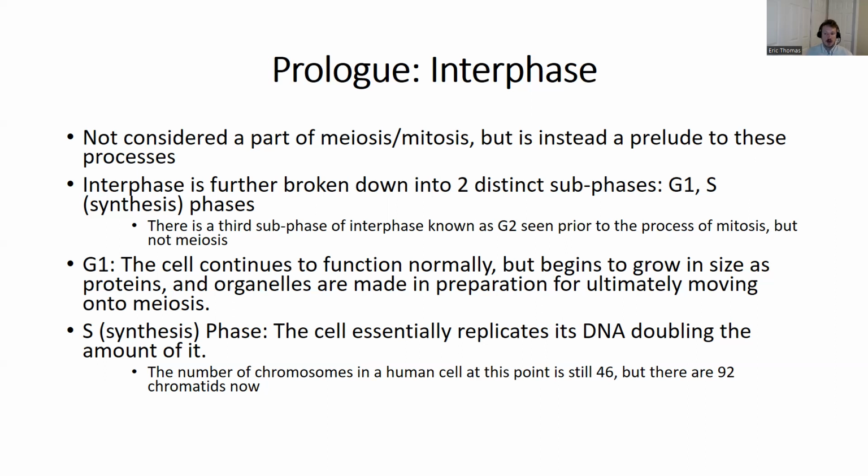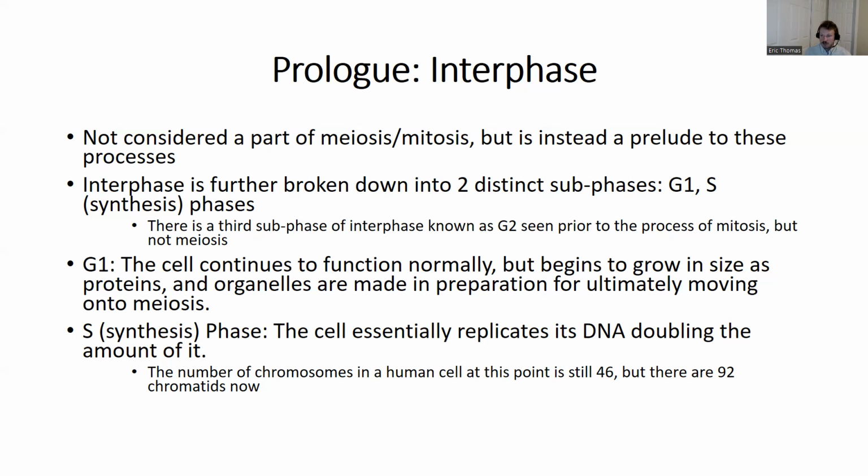And even when it's preparing for meiosis and it completes the S phase, it still only has 46 chromosomes. But now there are 92 chromatids. The chromatids, right, are the replication that has happened. But there's still just that one centromere. So we haven't doubled the number of chromosomes, but we have doubled the number of chromatids.